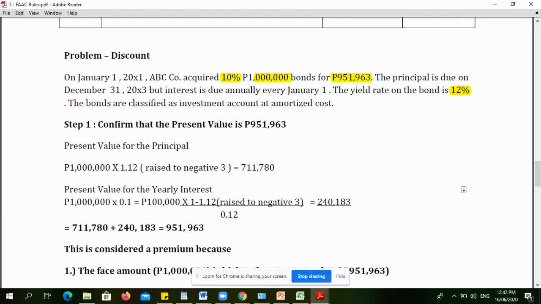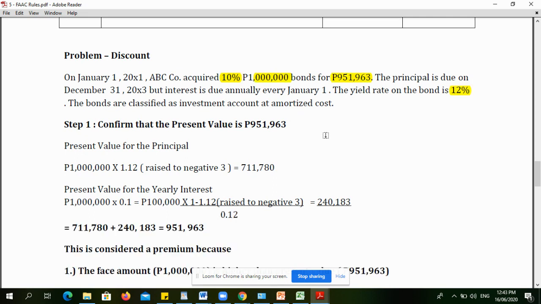The yield rate on the bond is 12%. So ngayon, yung 12%, ito na yung effective rate. So again, the bonds are classified as FAAC. So okay. Step 1, confirm that the present value is 951,963.